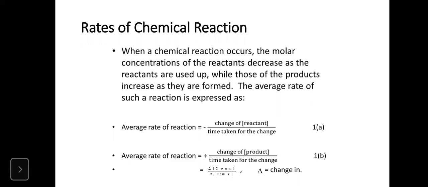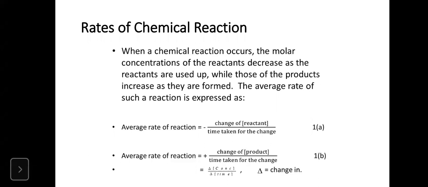But if you go to the second one, 1B, you see a plus in front. That indicates the product is being formed with time. Any of them, you can use to represent the rate of a chemical reaction.